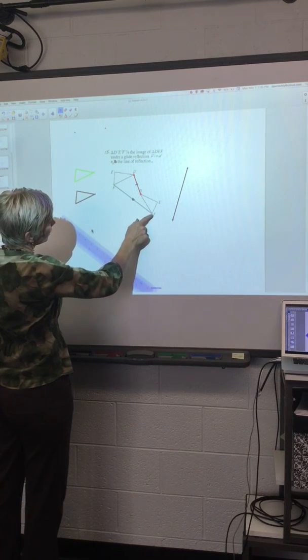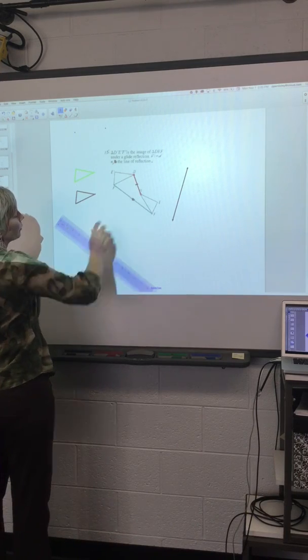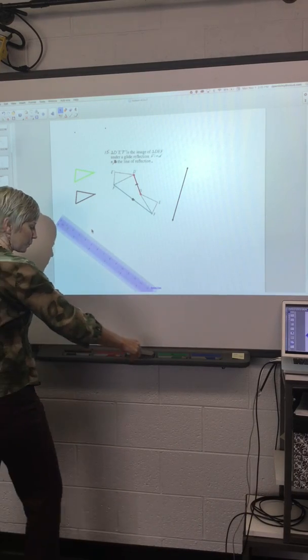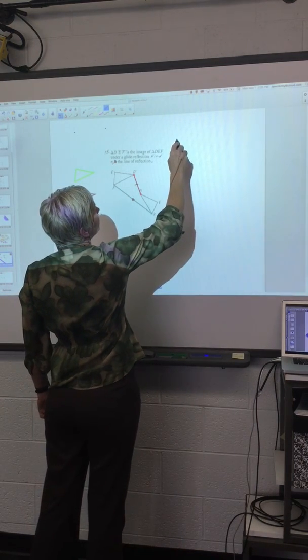So use your straight edge and connect F to F prime like I have right there, and then D to D prime. And then you're going to measure and find the midpoints.